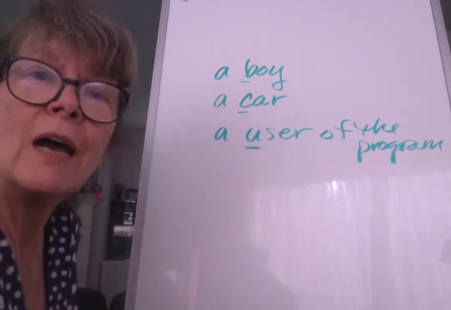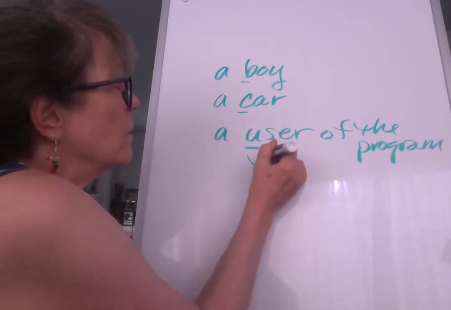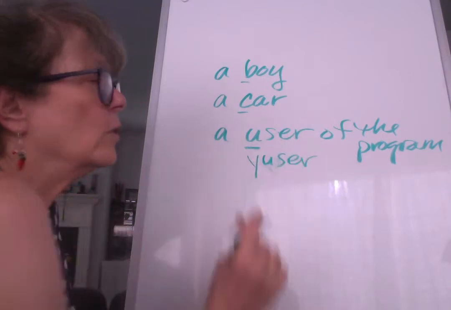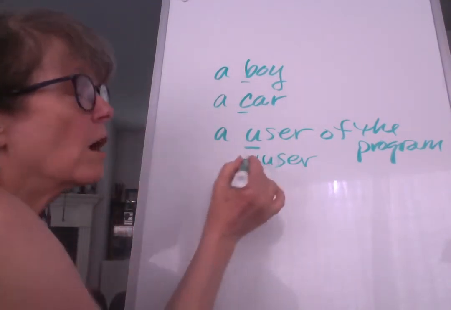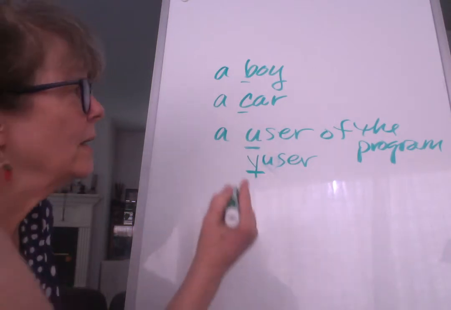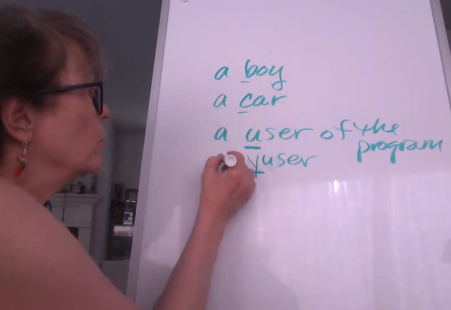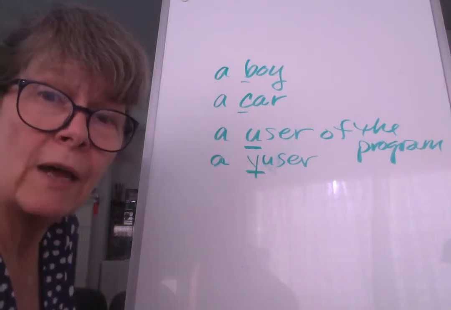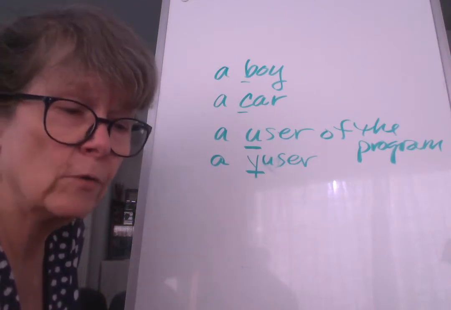Yeah, user. It sounds like I'm saying, like, user. So because this is a consonant sound, even though the letter itself is a vowel, we use a in front of it. We only use an if the sound is a vowel sound.